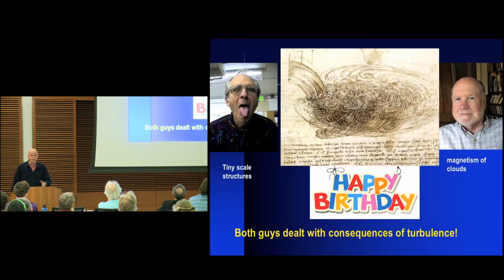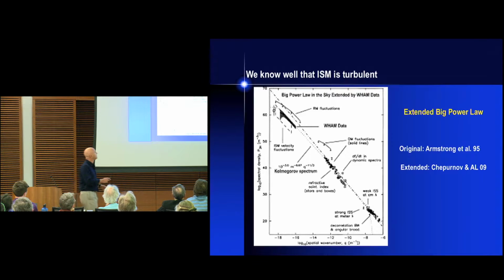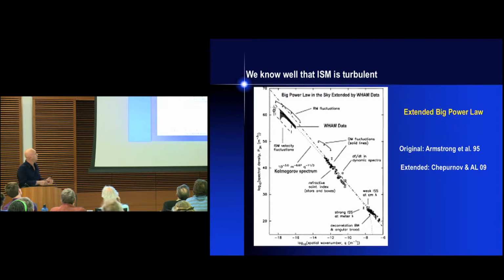My suggestion is to talk about turbulence, because I claim that both guys in these topics are dealing with the consequences of turbulence. And turbulence is everywhere in this room, and in the interstellar media. This is the plot from Armstrong, which we extended with supernova and WAM data, and it shows a big power law of electron density fluctuation.